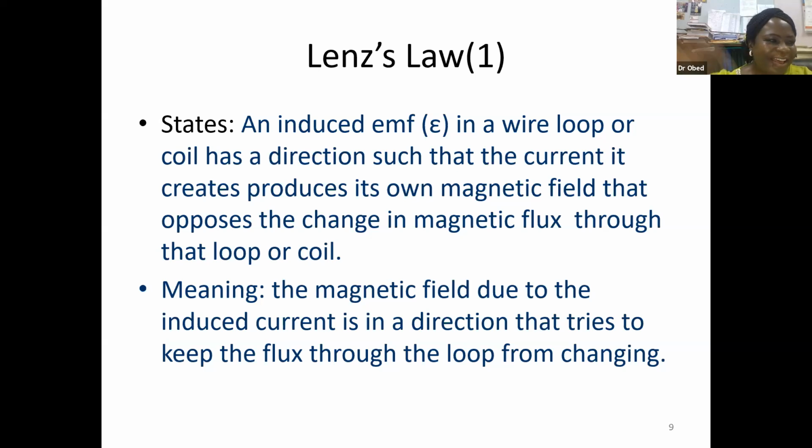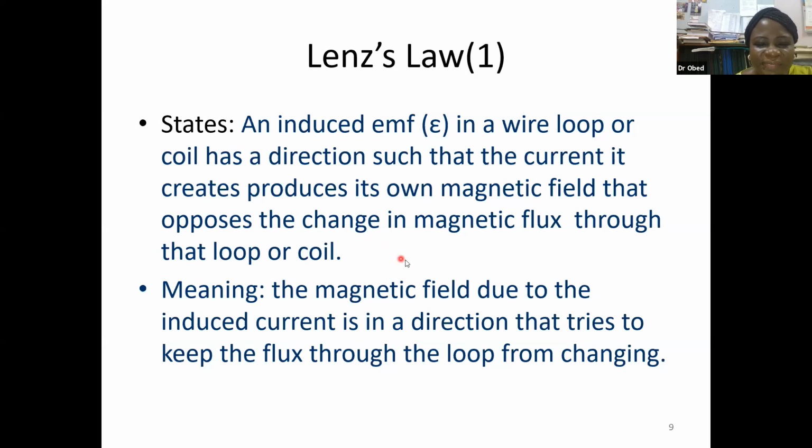So Lenz, as I said, was a Russian physicist, and his law states that an induced EMF in a wire loop or coil has a direction such that the current it creates produces its own magnetic field that opposes the change in magnetic flux through that loop or coil.